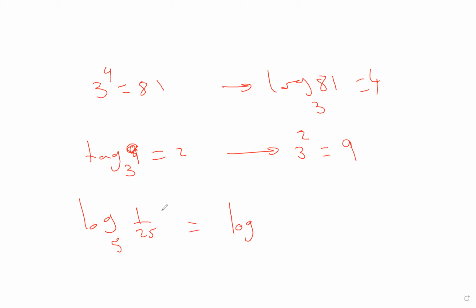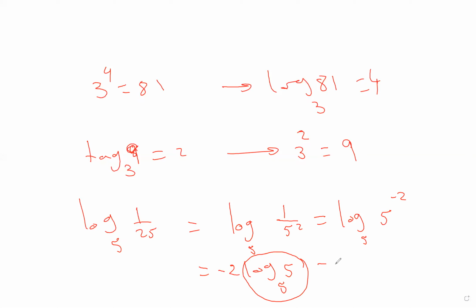Log of 1 over 5 to the power of 2 to the base 5 is log 5 to the power of negative 2 to the base 5. It will be negative 2 log 5 to the base 5, and log 5 to the base 5 equals 1. It will be negative 2 times 1 equals negative 2. Okay? Right?